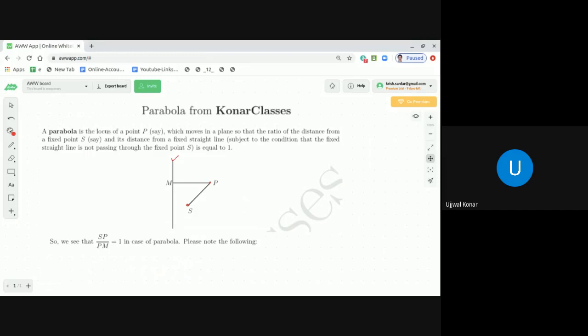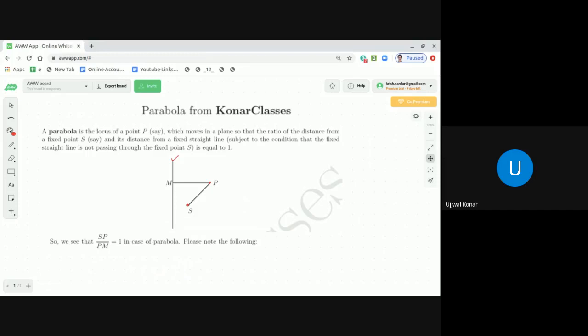So this is the required condition so that the curve traced by the point P qualifies to be a parabola: the ratio of its distance from a fixed point S, that is SP, to PM, the perpendicular distance from that variable point P to the fixed straight line, is equal to 1. P is a variable point, but it varies under this condition.